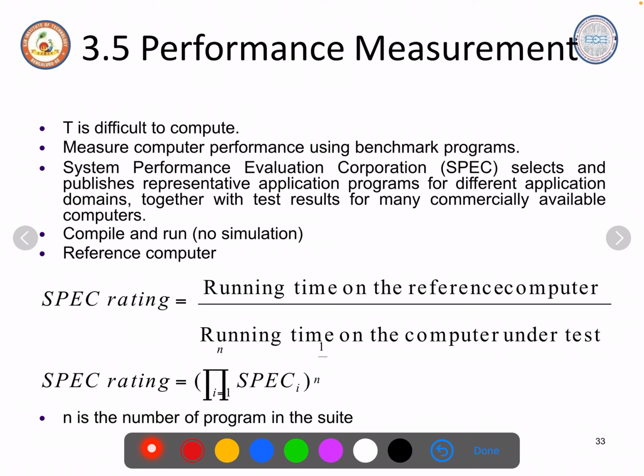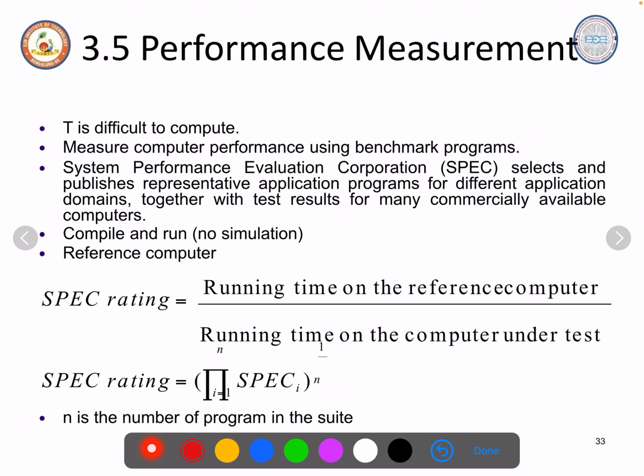Coming to the next one, which is performance measurement. T is a difficult parameter to compute. You need to measure computer performance using benchmark programs. How the overall computer is performing can be checked using benchmark programs.